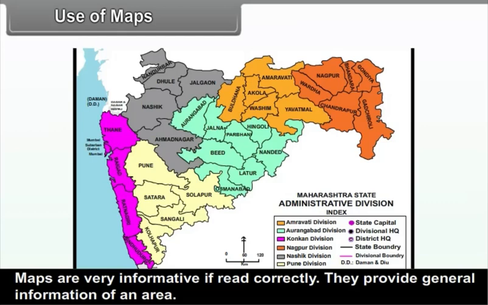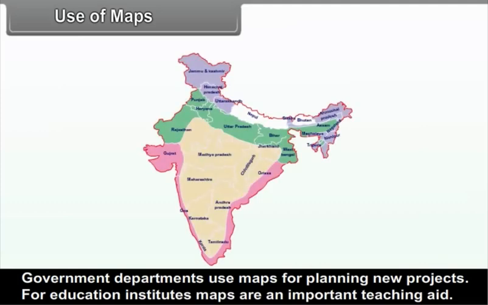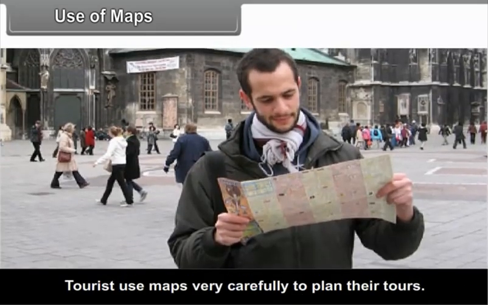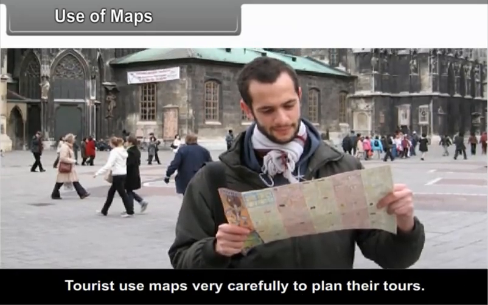Use of maps. Maps are very informative if read correctly. They provide general information of an area. Government departments use maps for planning new projects. For education institutes, maps are an important teaching aid. Tourists use maps very carefully to plan their tours.